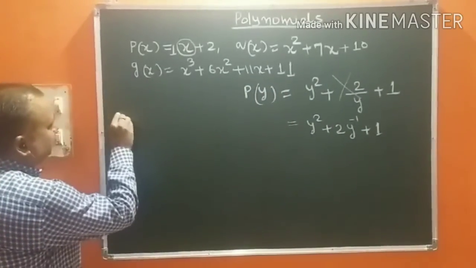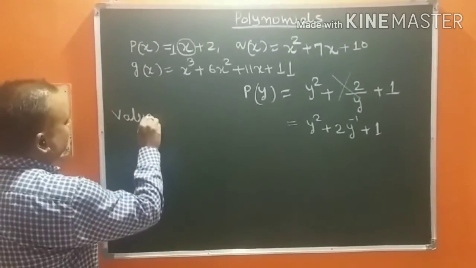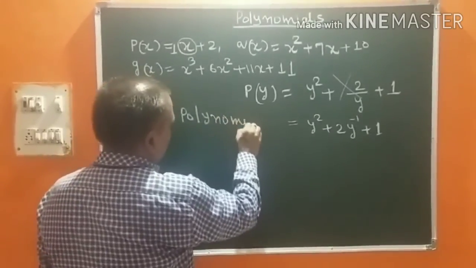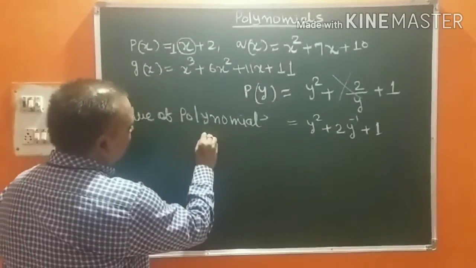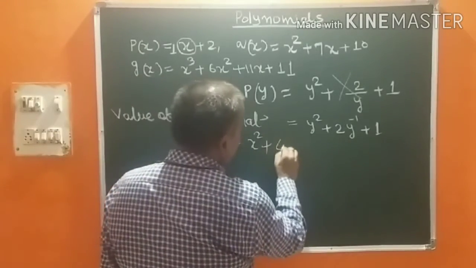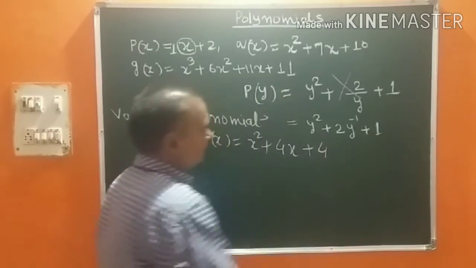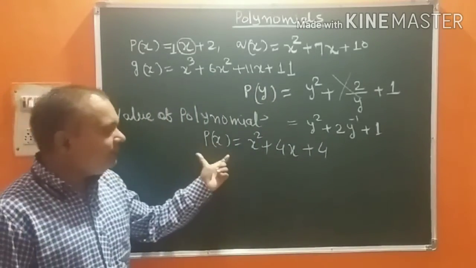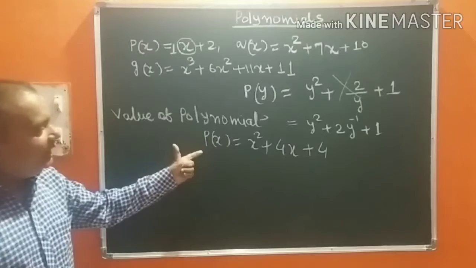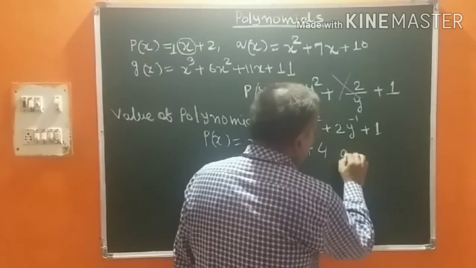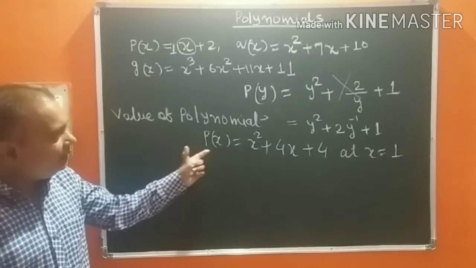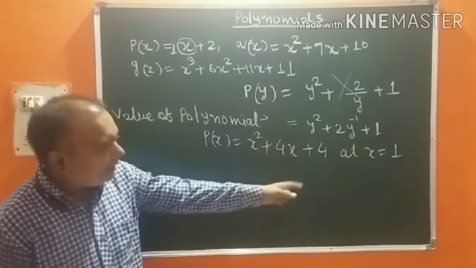Now next, value of polynomial. Let the polynomial be p(x) equal to x square plus 4x plus 4. We have to find the value of polynomial p(x) at x equal to 1.